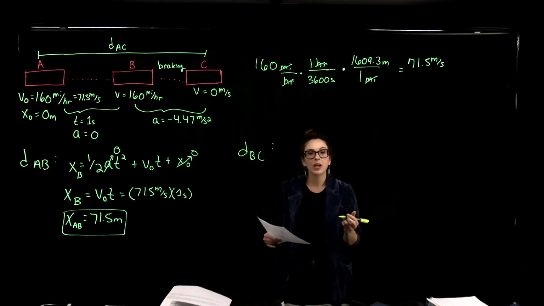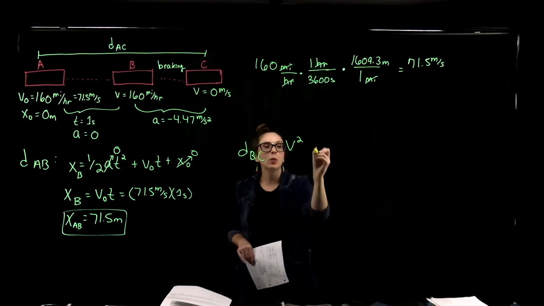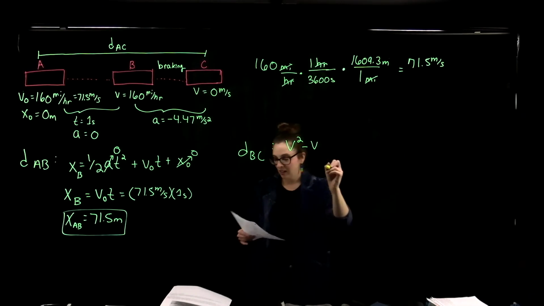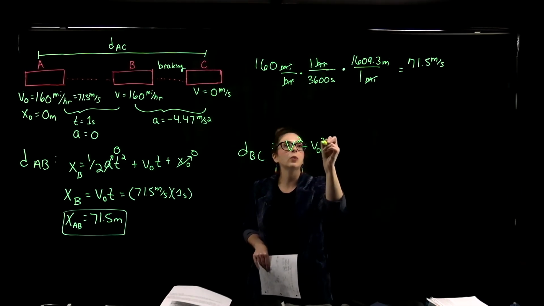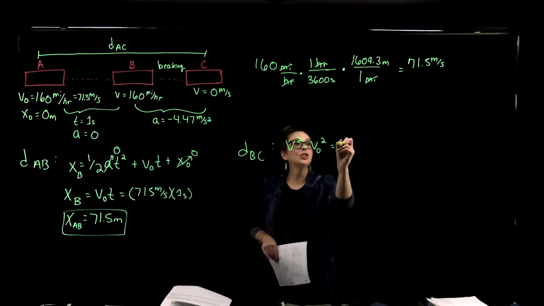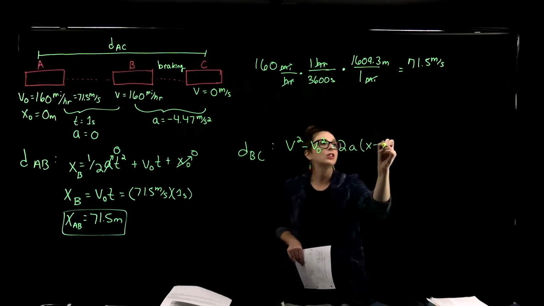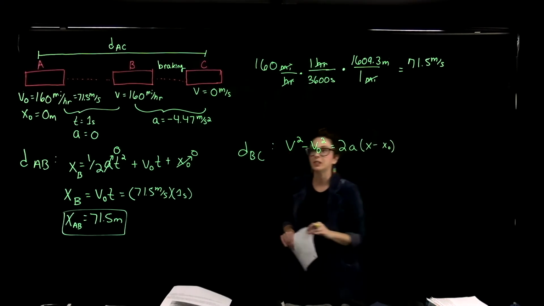One of the equations that we could use is this one right here: our final velocity squared minus our initial velocity squared for this segment equals 2 times the acceleration times our final position minus our initial position.